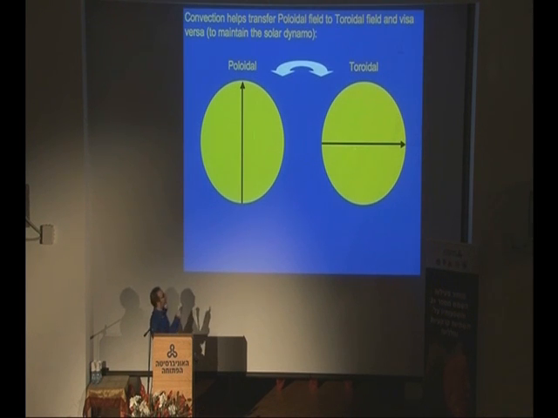And we can ask ourselves, okay, let's say we start with such a magnetic field. Can we generate from that a magnetic field with this topology, and then generate from this one this topology back again? And if we can show that we can do it, we can say that the magnetic field moves from one topology to another and it maintains itself.